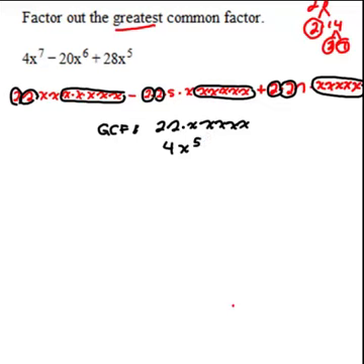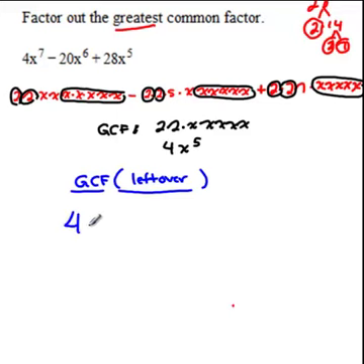So to factor out the greatest common factor, you would write down the GCF, and then in parentheses, you write what's left over. The GCF we already identified is 4x to the 5th, so we write that down first. Always have to write that down.